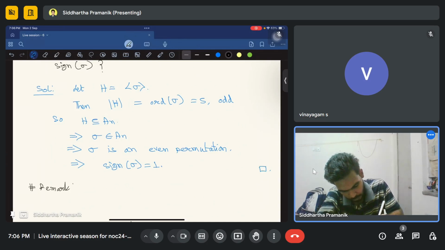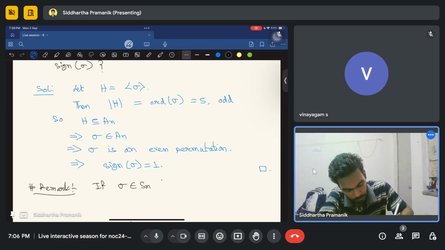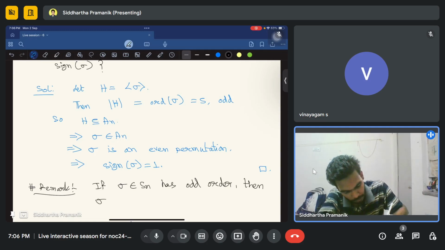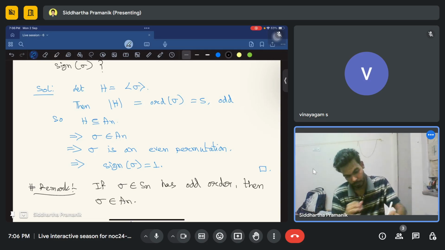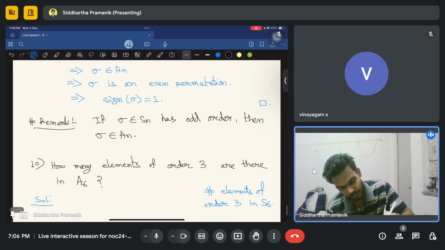So remark: if sigma belongs to Sn has odd order, then sigma must belong to An. So what does that mean?